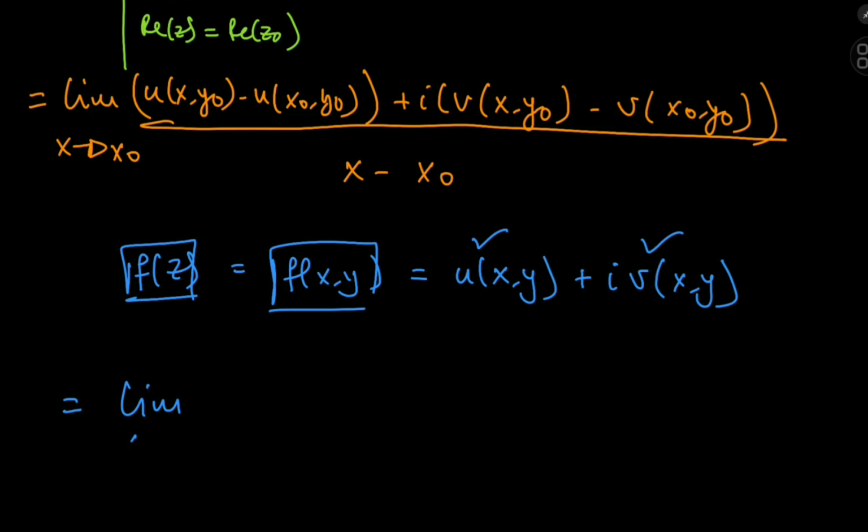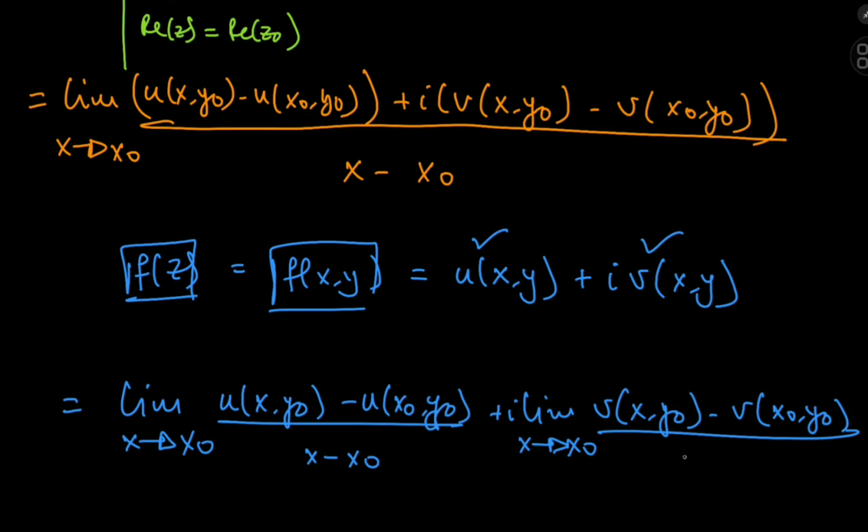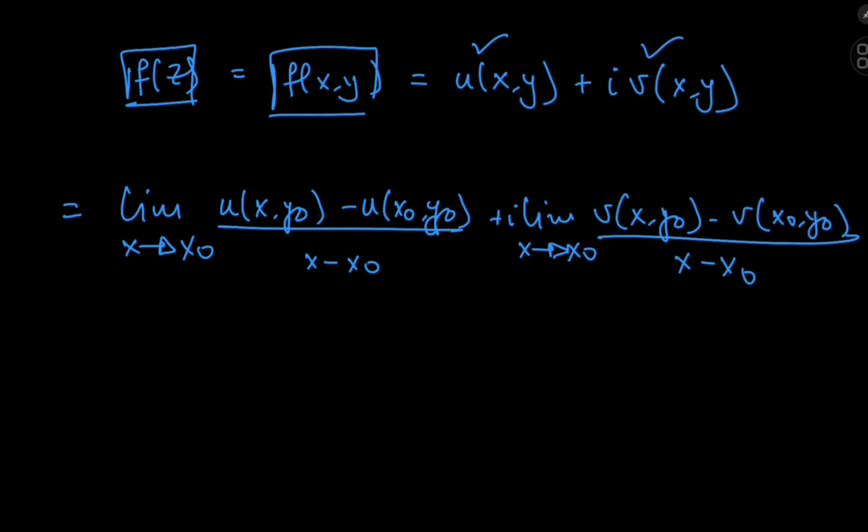That is the limit as x approaches x naught of u of x y naught minus u of x naught y naught divided by x minus x naught, plus i times the limit as x approaches x naught of v of x y naught minus v of x naught y naught divided by x minus x naught. And we know what exactly these limits are, right?